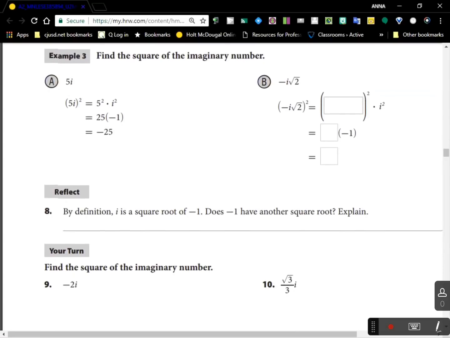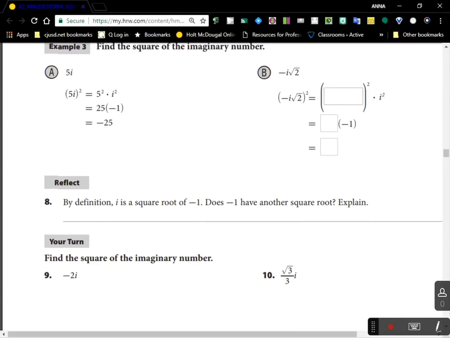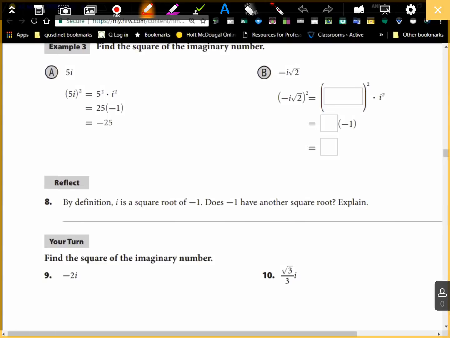All right, so A is worked out for you there. I'm going to do B with you and maybe some more with you. So if I look at B, I have negative i, the square root of 2. Now, I'm going to break this up maybe a little more than the book has.